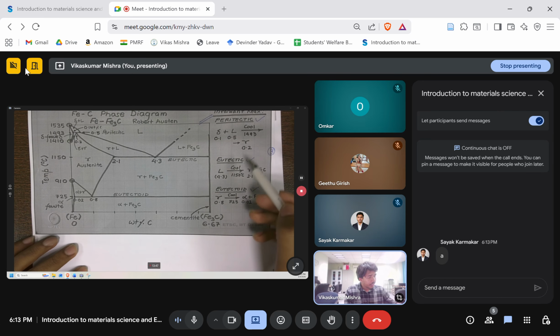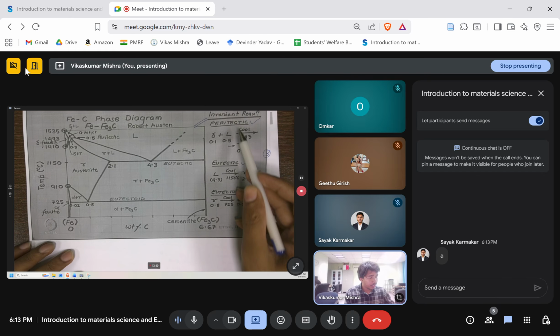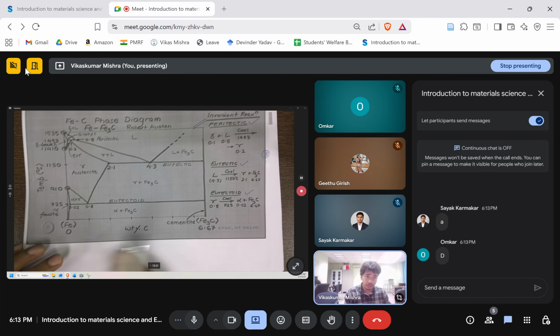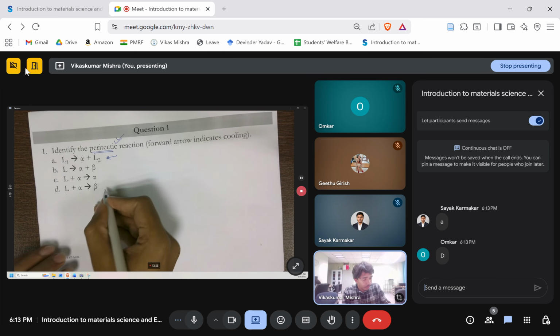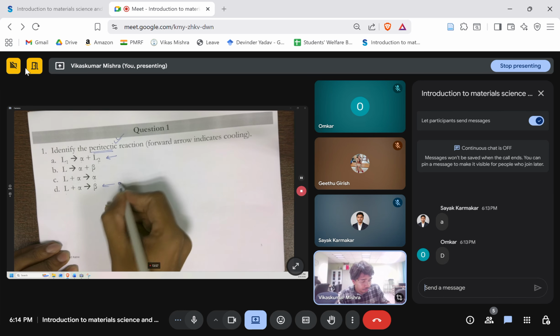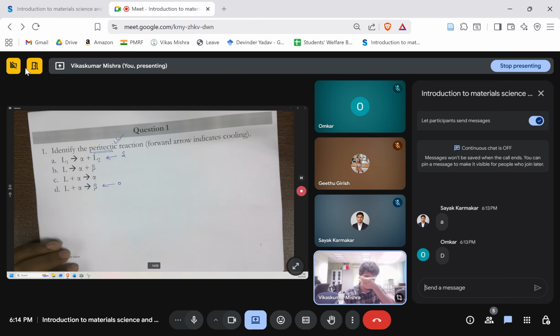These are the 3 invariant reactions that the professor has taught us: peritectic, eutectic, and eutectoid. Omkar is saying that option D is the right answer. Very good. Any more?